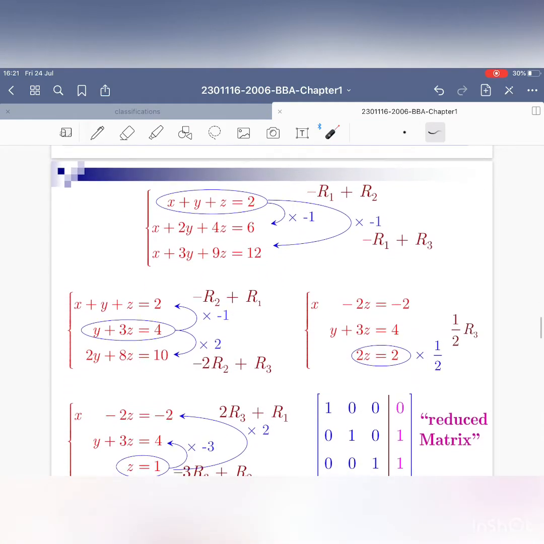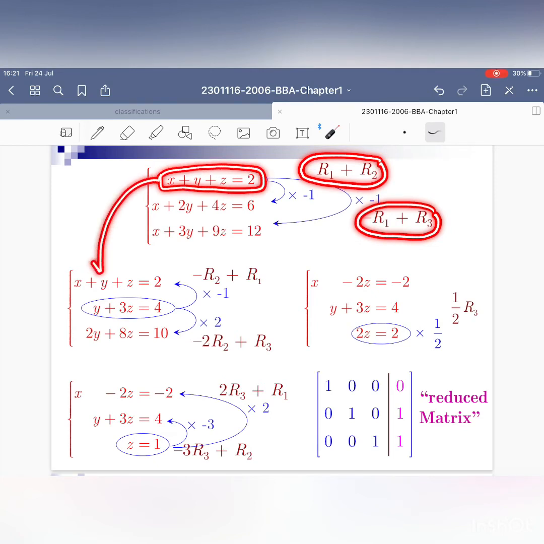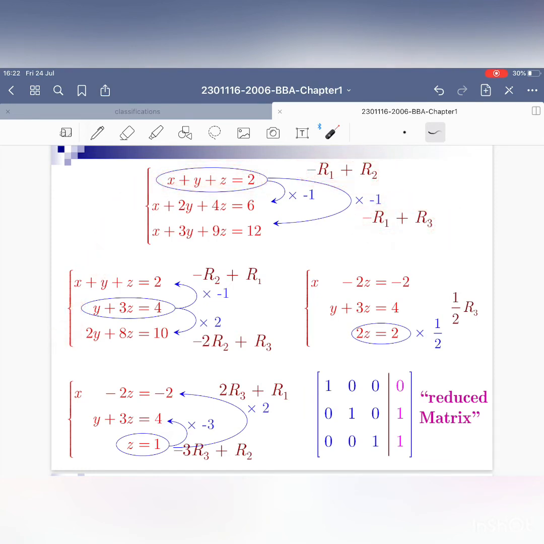You see, the second equation minus the first equation, and this one as well, the third equation minus the first equation. This is what we changed, but this one remained the same. So the whole equation here remained the same, and these two are the ones that have changed by these two row operations.